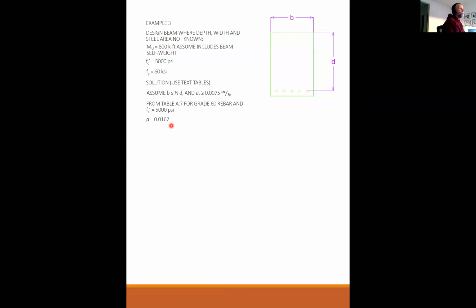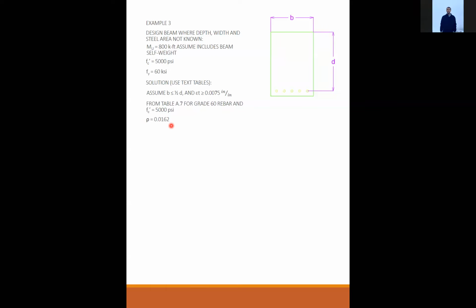If you can't use the tables, then you have to use the relationship between R sub n and rho. That's why I used 80 KSI in the last example. It forces you to use the equations instead of the tables. This one I made 5,000 so that you can use the tables, and you can see how much quicker it goes with the tables.